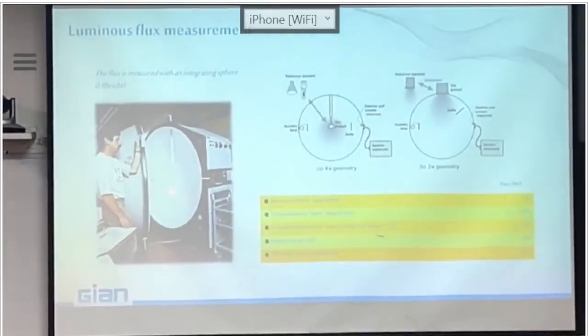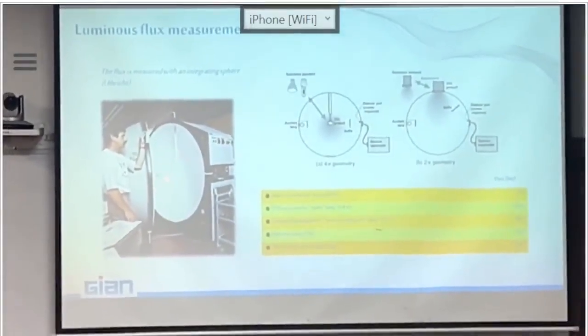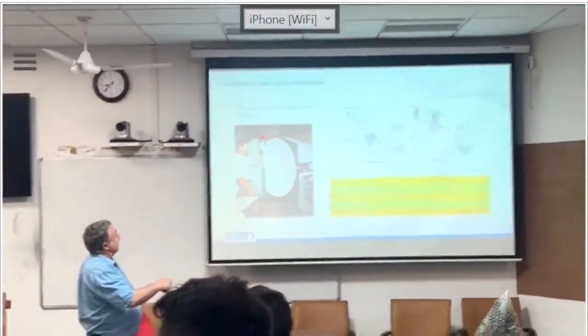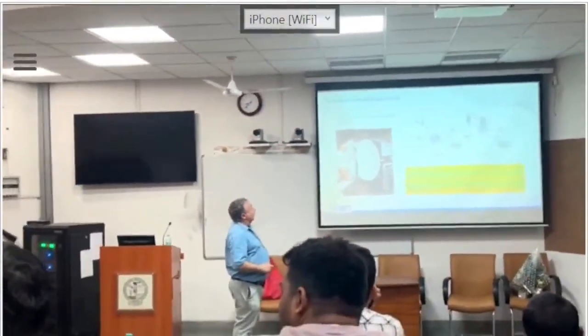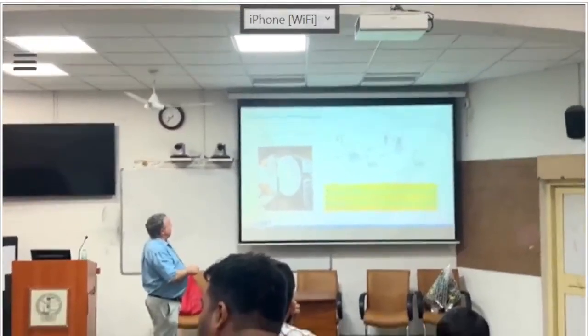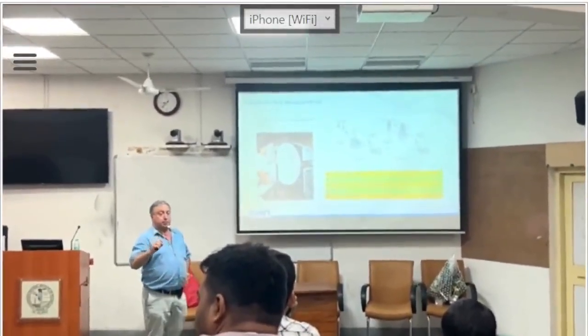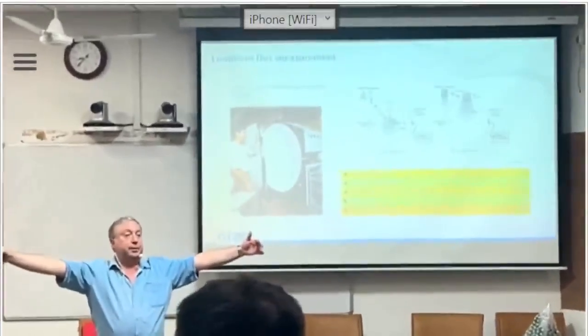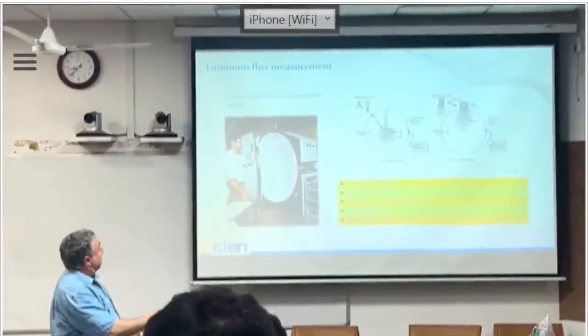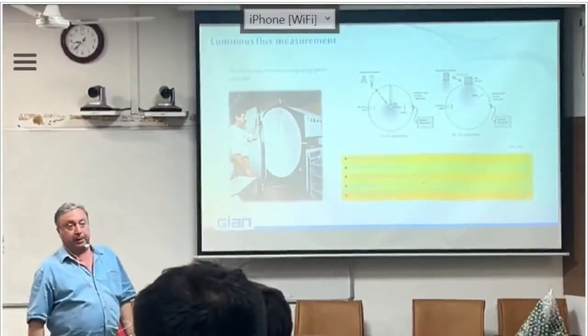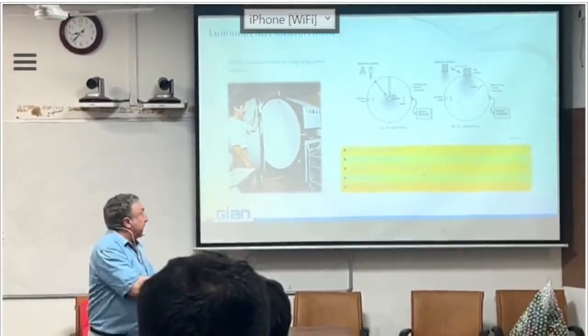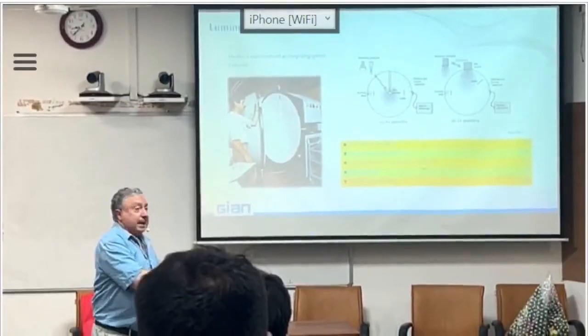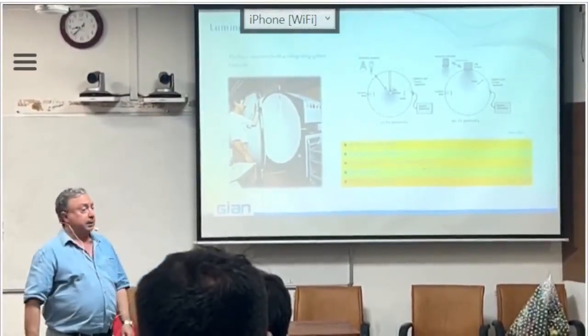How do we measure the luminous flux? The luminous flux, we measure it by putting a light source inside what we call an integrating sphere or an Ulbricht sphere. The lamp has to be 10 times smaller than the dimension of the sphere. The sphere is completely reflecting. We have to know very well what is the reflectance of the sphere at any point if we want to make metrology.